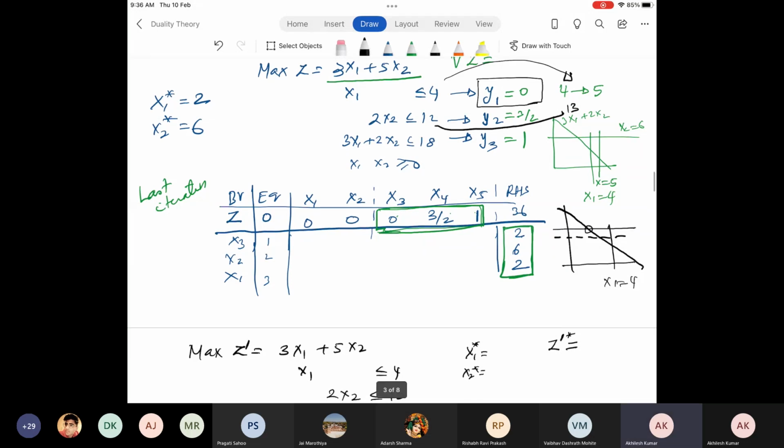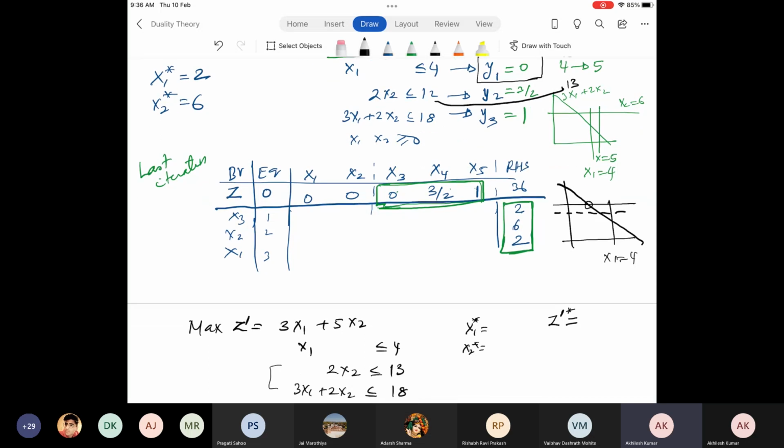You guys have already solved this problem. We just need to find x2 and x1 from here, the intersection of these two lines. X1 is how much?